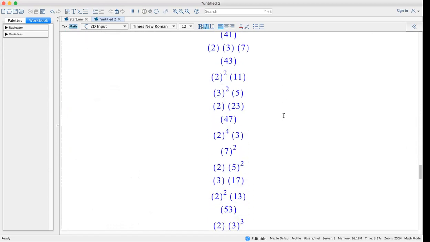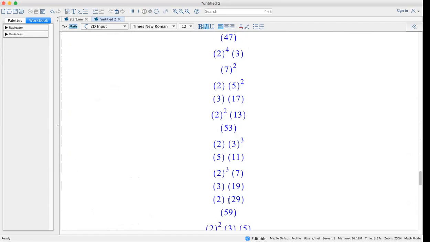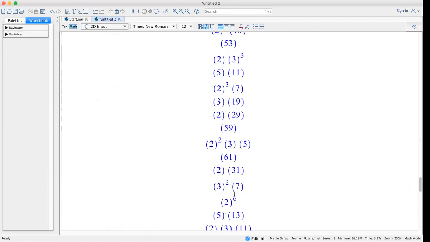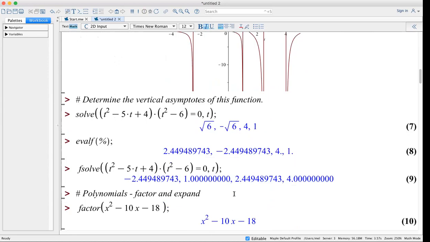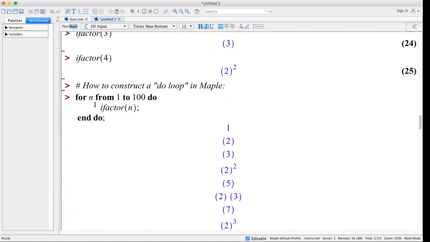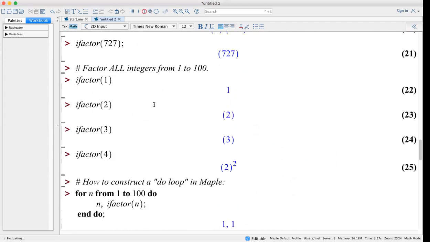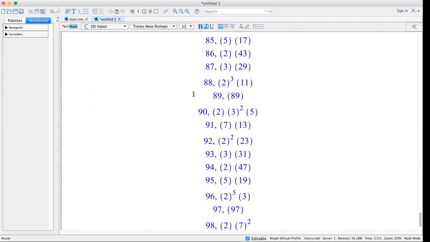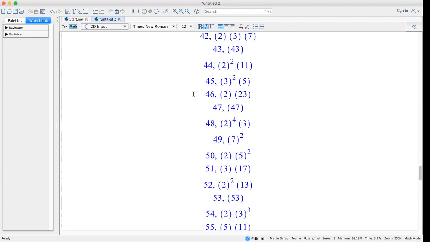Of course, if I look at a number, I don't know exactly what number it is. So what I'm going to do is just change this little program slightly. I'm going to type n and comma, and then the factorization of n. So now here's the output of this little computer program.